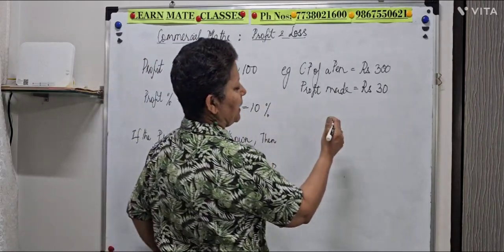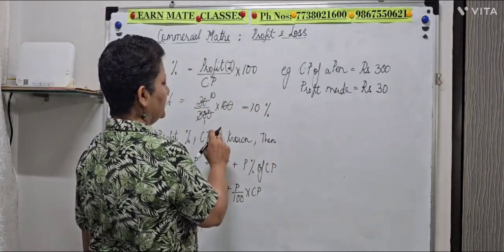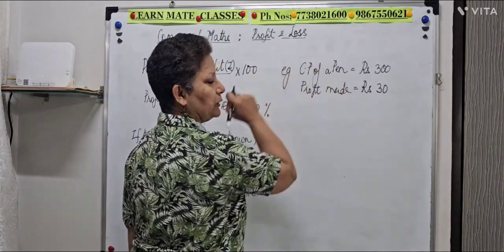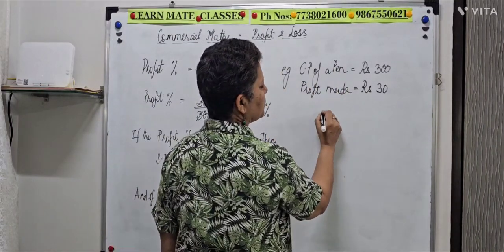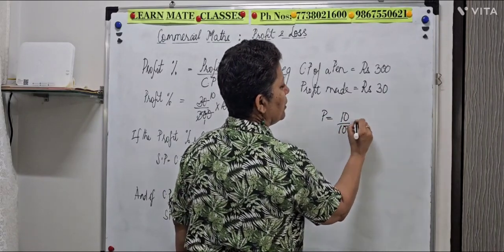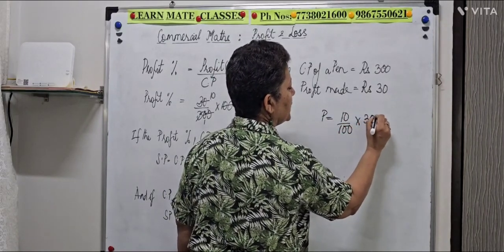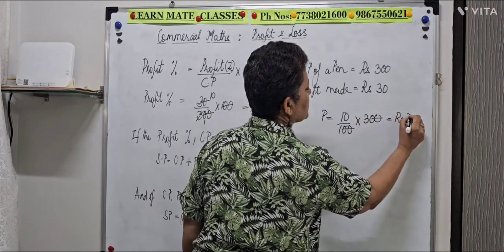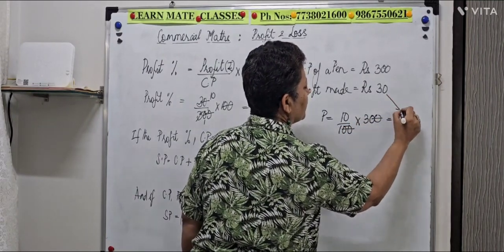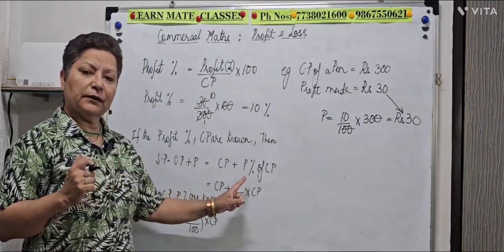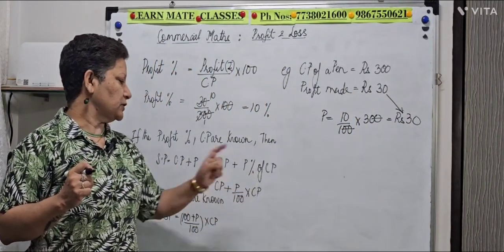If I go back to my previous example, I had got 10% as the profit earned on 300 rupees. So what is the profit in terms of rupees? 10% of the cost price, which is rupees 30, the profit which we had taken here. So profit is nothing but profit percent of the cost price.